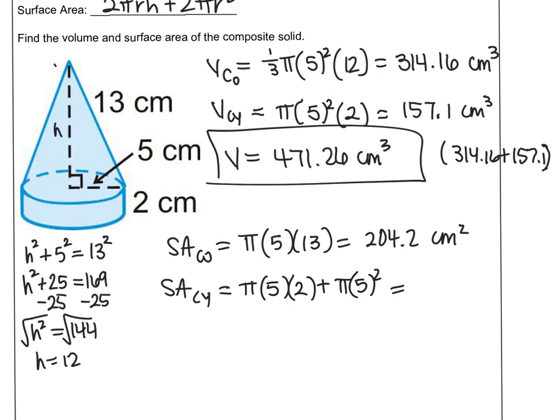So pi times 10 plus pi times 25. And we're going to get 109.96 centimeters squared. So our total surface area is going to be 204.2 plus 109.96, which is 314.16 centimeters squared.